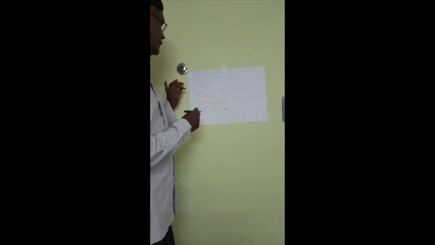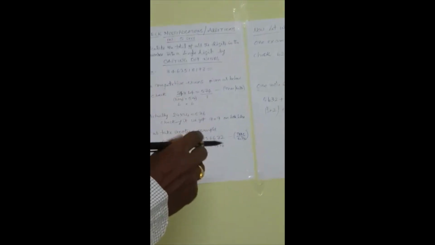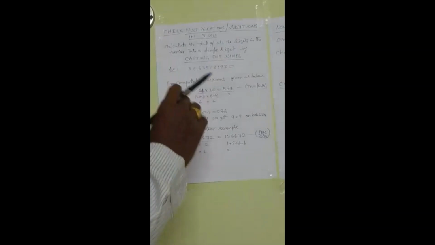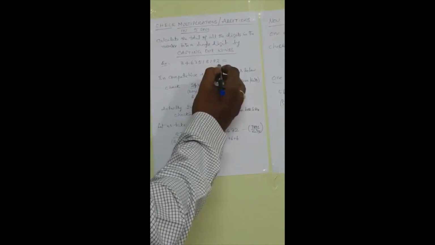Let us see some examples. Before that, let us see what casting out nines is, the concept we should understand. This is useful in reducing the total of all the digits in a big number to one single digit.